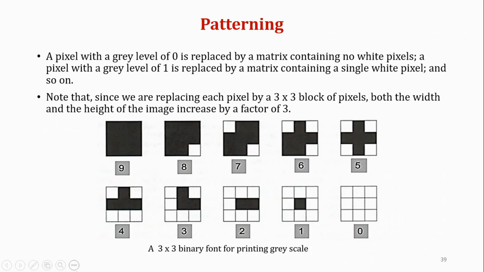Check out this one, a 3 by 3 binary font for printing grayscale. So 0, 1, 2, 3. So pixels are actually used to print the font.